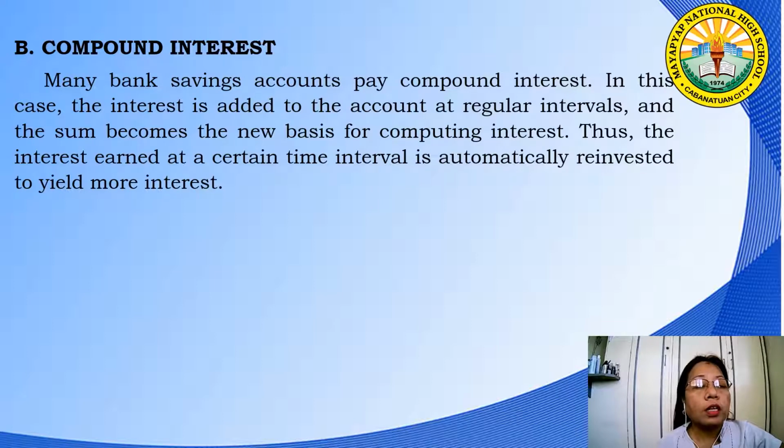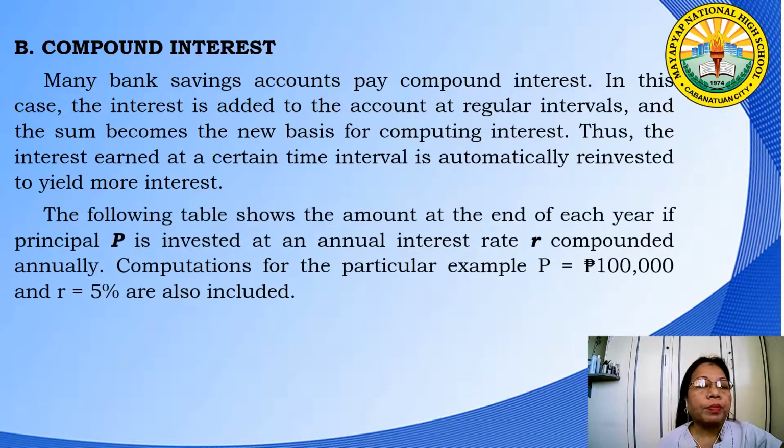The following table shows the amount at the end of each year if principal P is invested at an annual interest rate R compounded annually. Computations for the particular example, P equals 100,000 and R equals 5%, are also included.